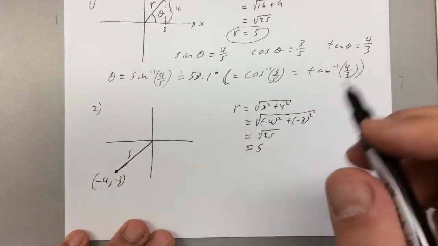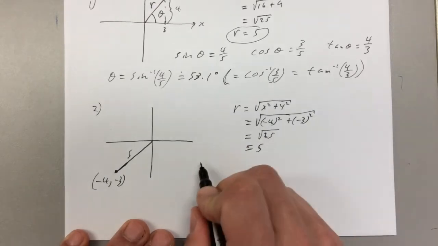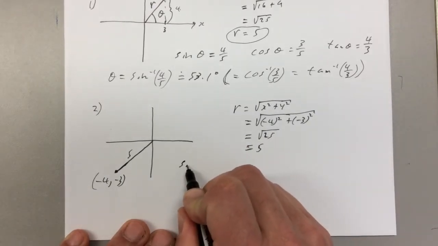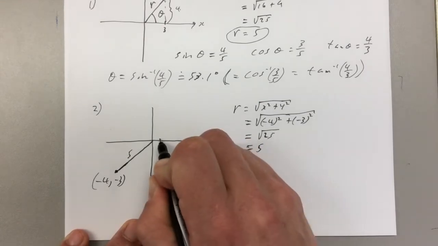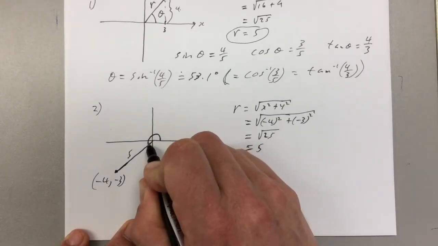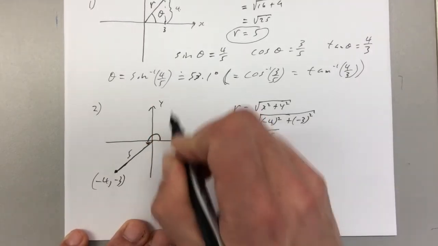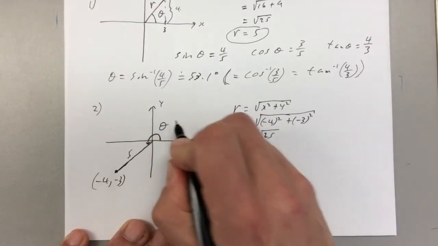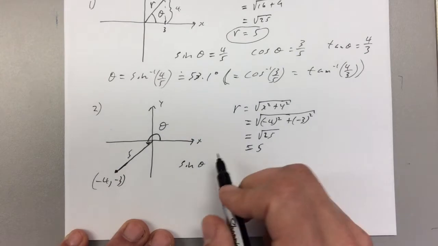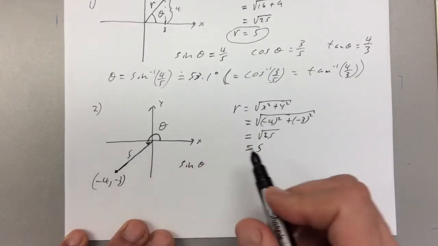So now we can find sine theta, cos theta, and tan theta. So sine theta, sorry I didn't mark what theta was. Theta is this from the positive x-axis to the terminal arm. And you can see that it's greater than 180 degrees.